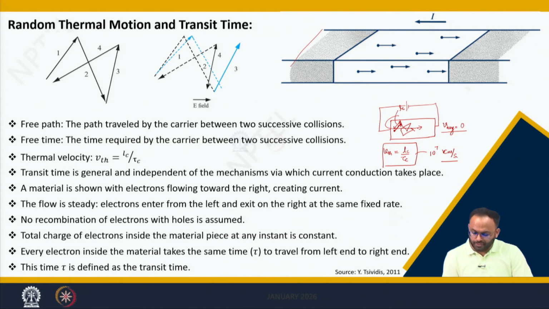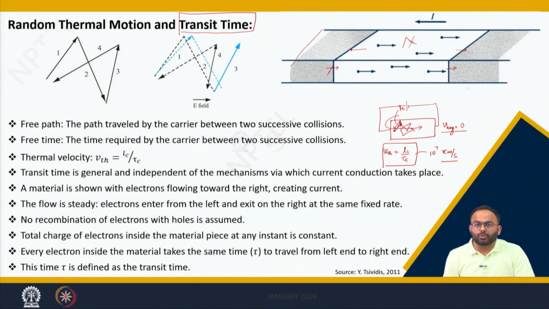Before moving into the drift, let me introduce the notion of transit time. Let us consider a specimen bar where on this side we are injecting the electrons and on this side we are collecting the electrons. We are assuming that there is no recombination and no collision here. So whatever electrons start from here will end up here.